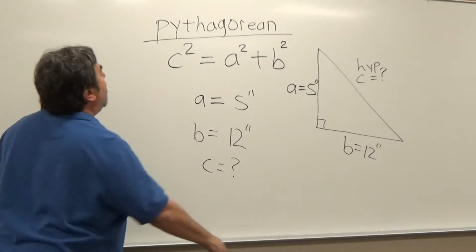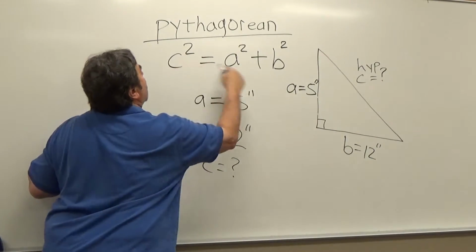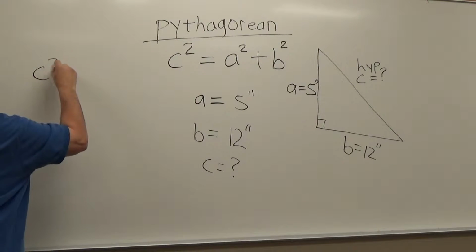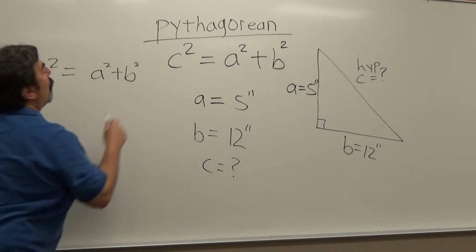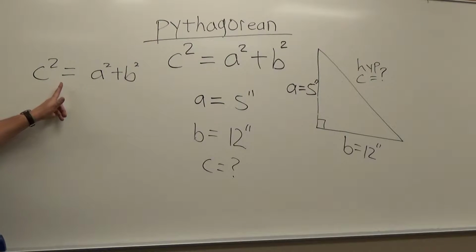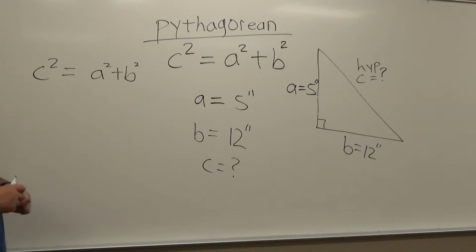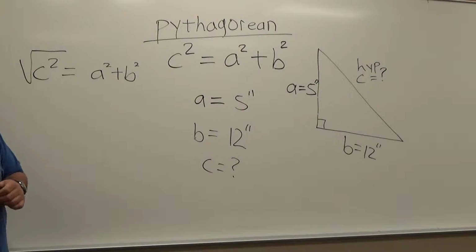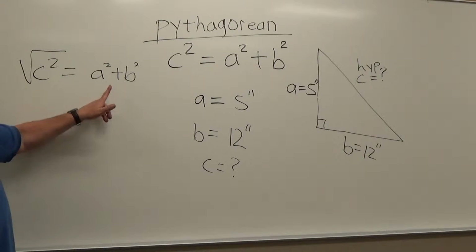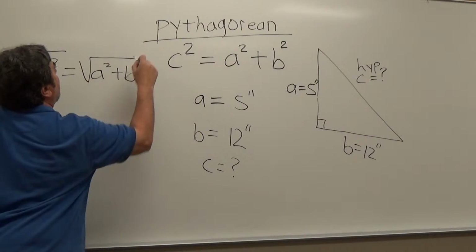If I take the square root of both sides of this equation, in order to get C by itself, the only way to get C from C squared to C, you must utilize the square root function. So I take the square root of the left side, and whatever you do to one side, you must do to the other side to maintain your equality. So I'd have to take the square root of this side.